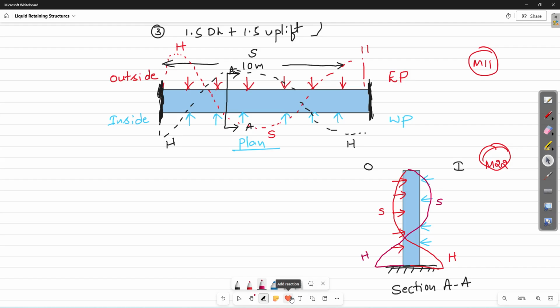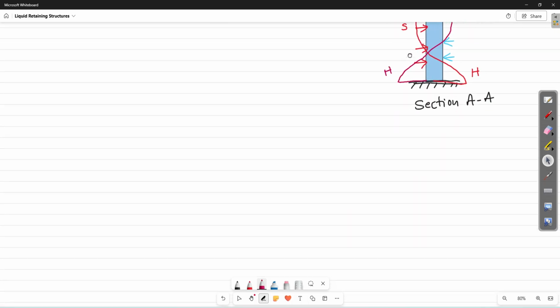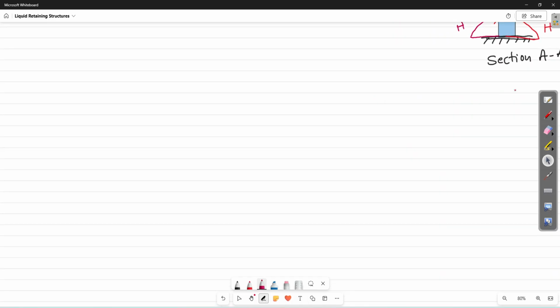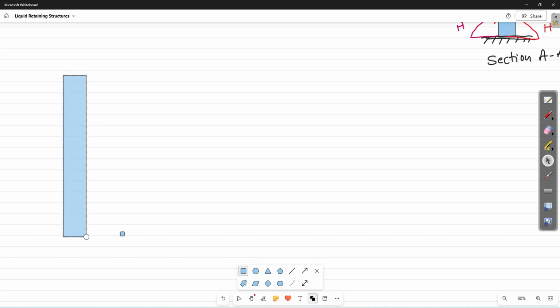So we will consider them one by one. See here, this is your vertical wall, fixed at the base.